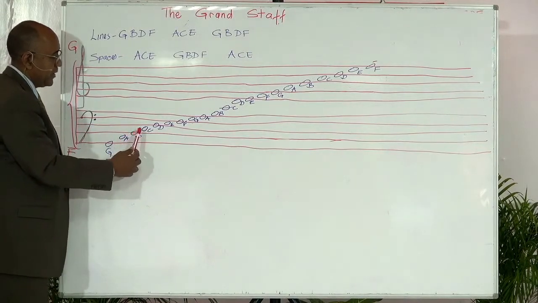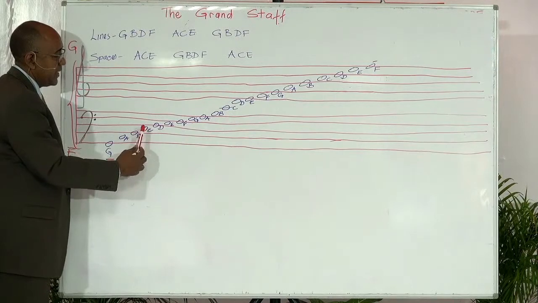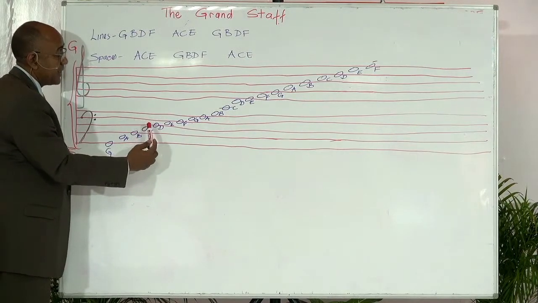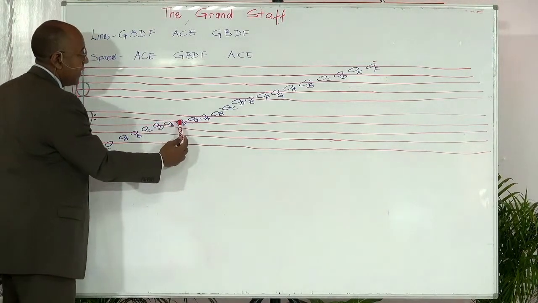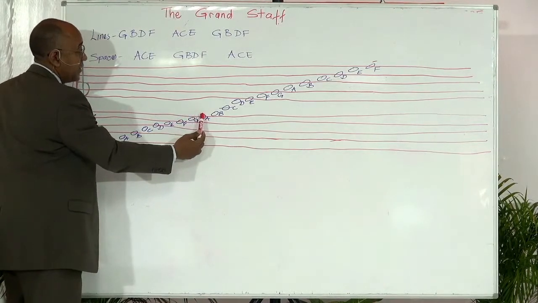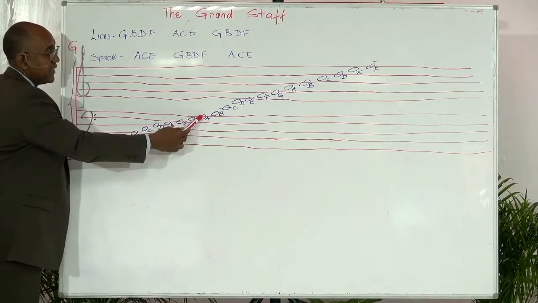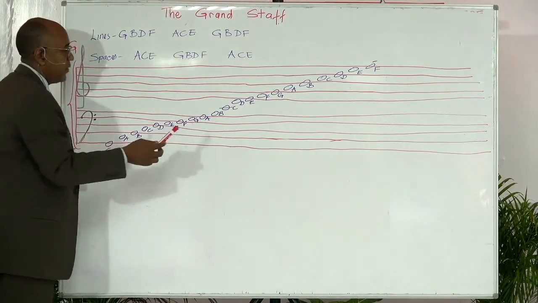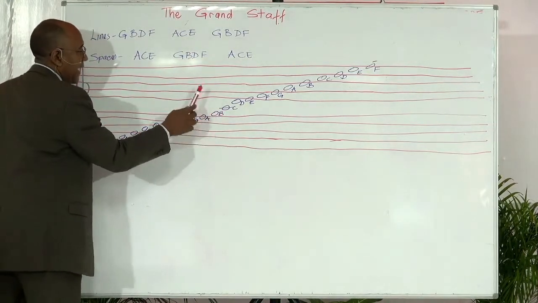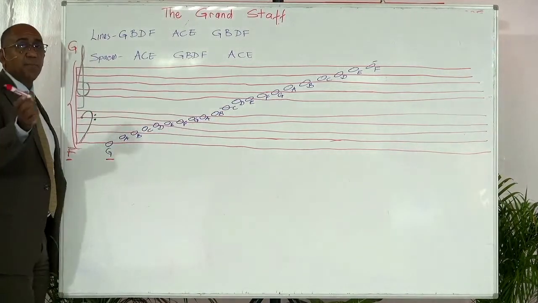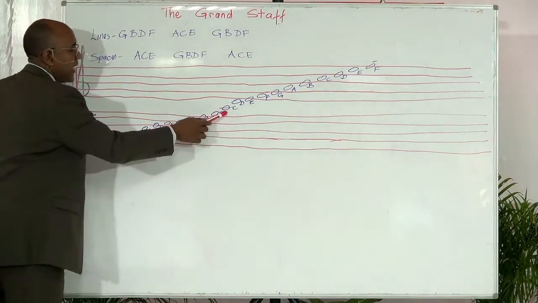Line B, space C, and we continue from line to space D, E, F, G, and the top line on the F clef is A. Now, just above the line, because you have to have a space after the line, we have B.